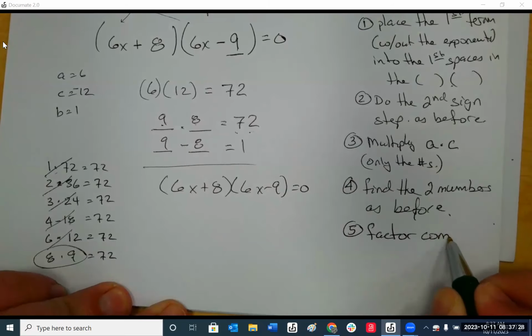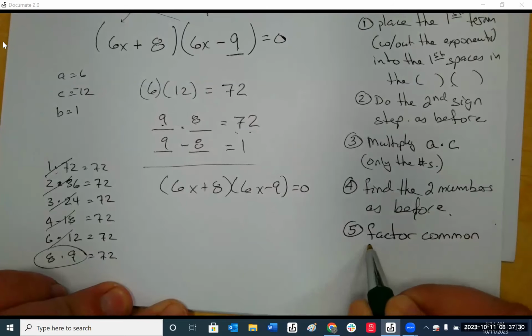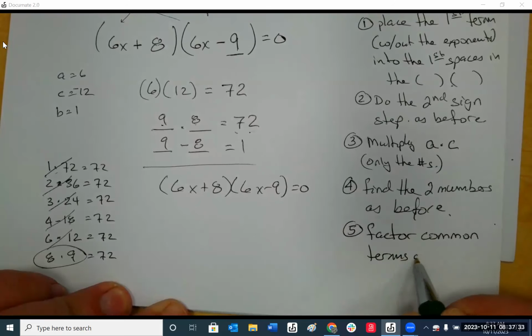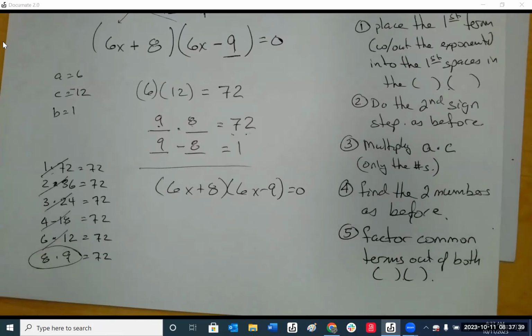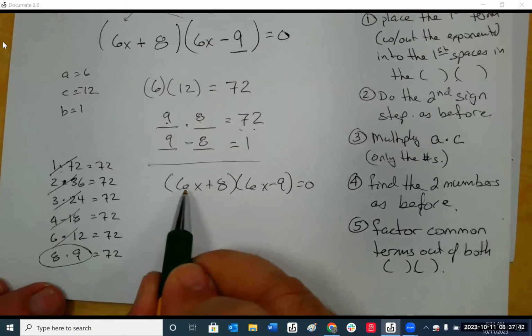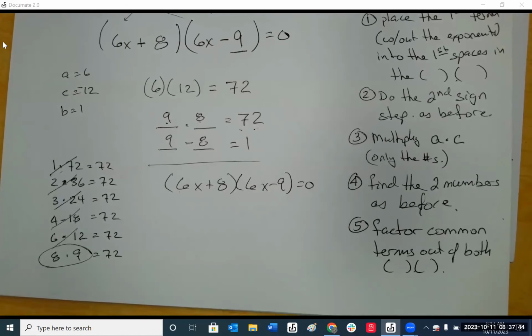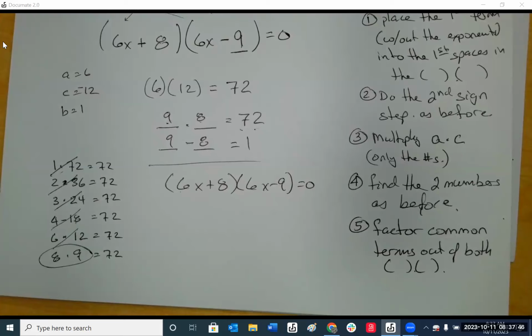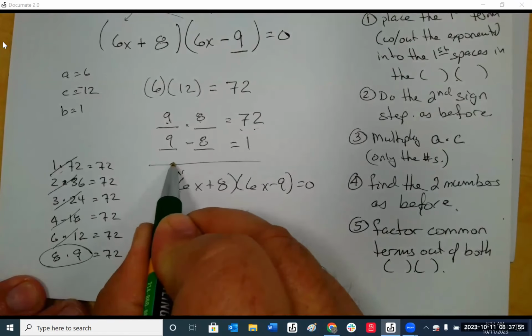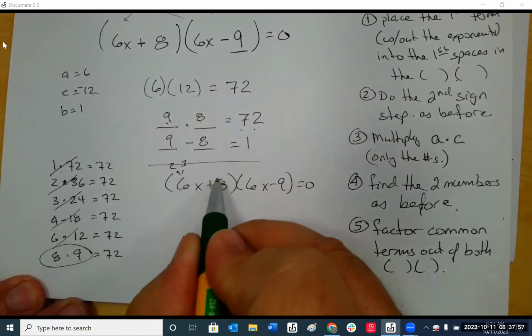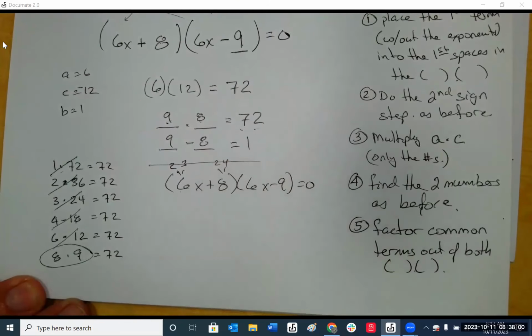Factor common terms out of both parentheses. So what do 6 and 8 have in common? Well, what is 6 made up of? 2 times 3, right? 8 is made up of 2 times 4.